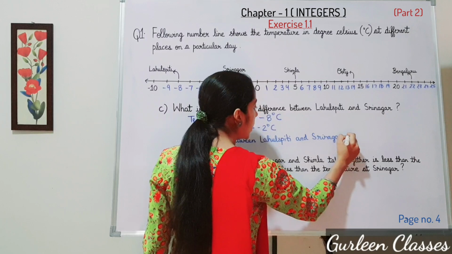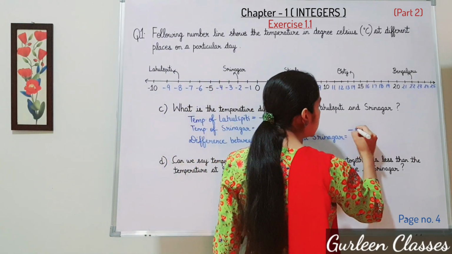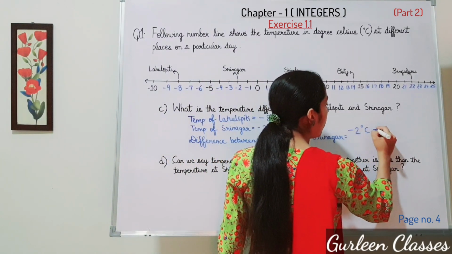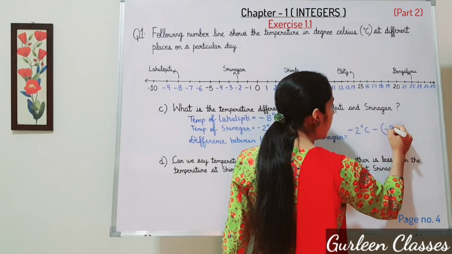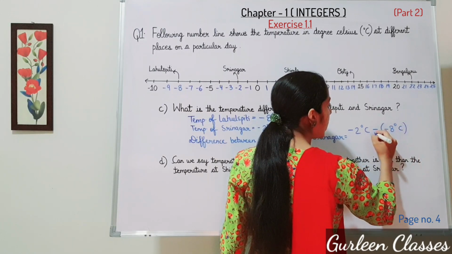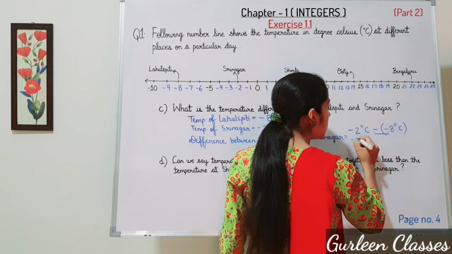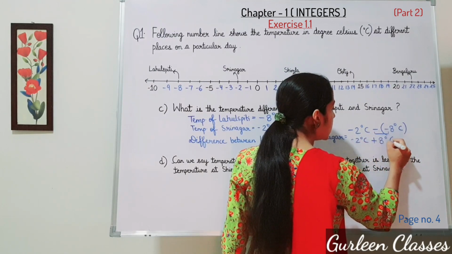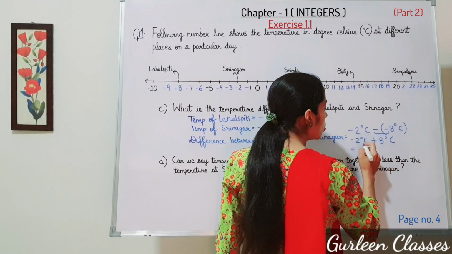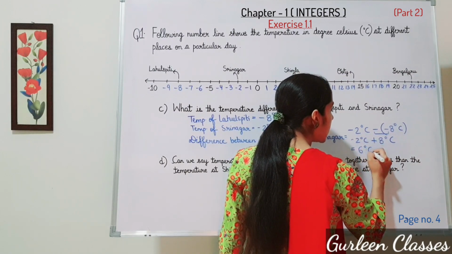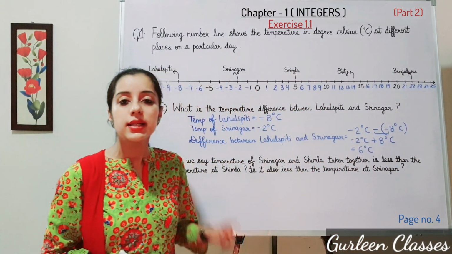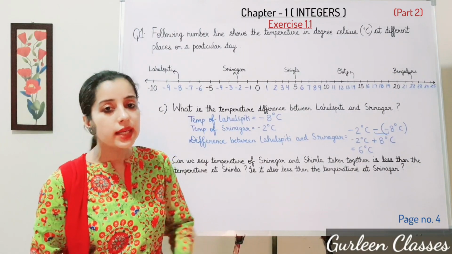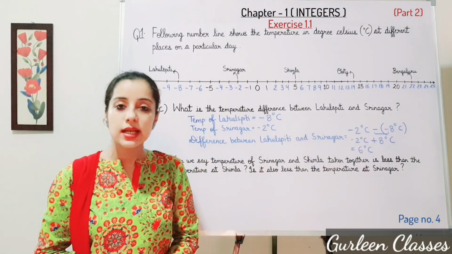So subtract -2 degrees Celsius minus -8 degree Celsius, minus minus is plus. So minus 2 degrees Celsius plus 8 degrees Celsius. So 8 minus 2, 6 degree Celsius. Greater number here is 8 and it has plus sign. So answer is 6 degree Celsius.